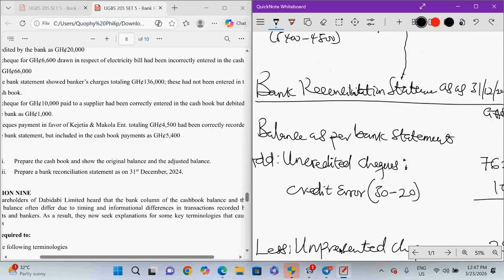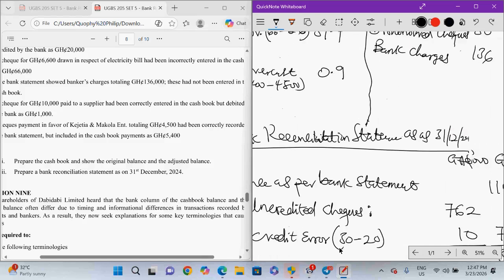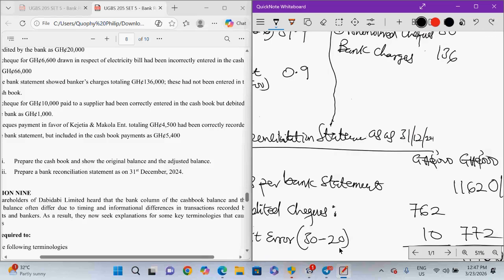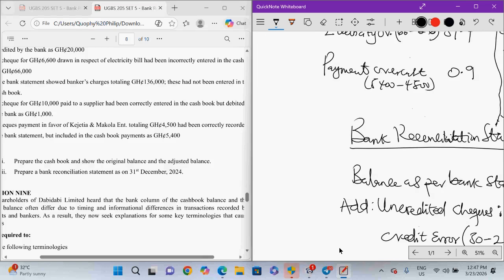Credit side. Because it's an overdraft, the balance will be at the credit side. So BD of 672. And where would the CD be? CD will be at the debit side.